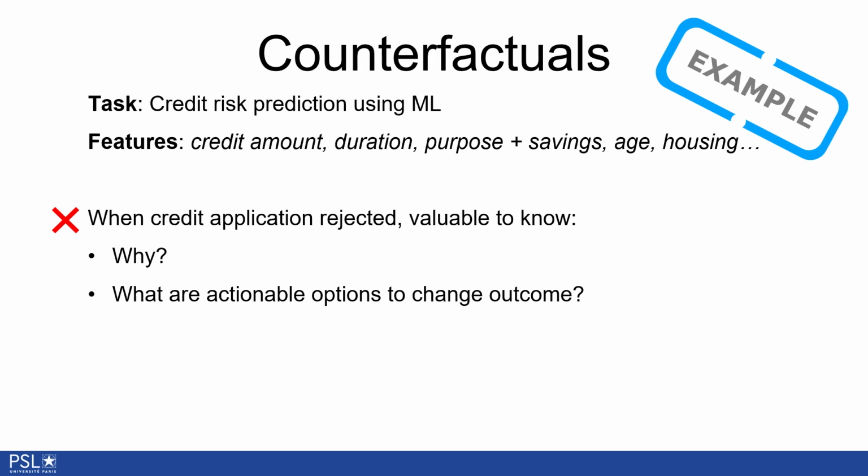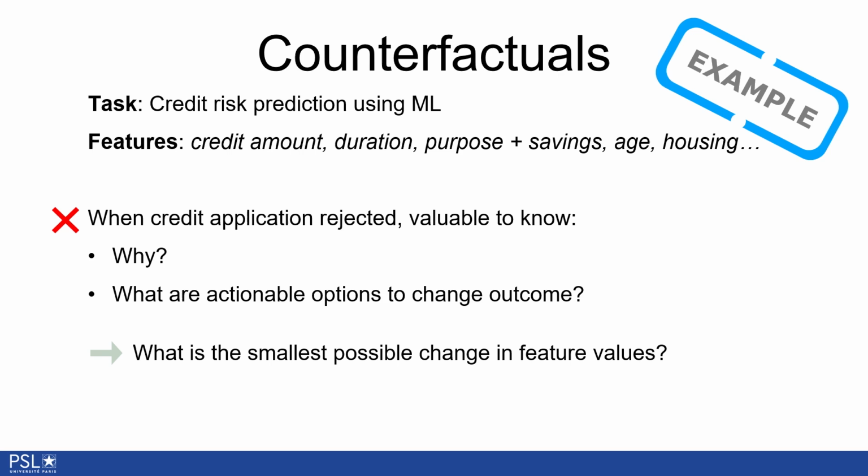Ideally, a counterfactual explanation would tell a person what is the smallest possible change in the input feature values? And this change needs to be actionable. For example, a counterfactual that says, if you had more savings, your credit would have been approved, is not very actionable and therefore not very useful. Instead, it would be much more useful to have a counterfactual saying how much the credit amount and duration need to be changed for the credit application to be approved.